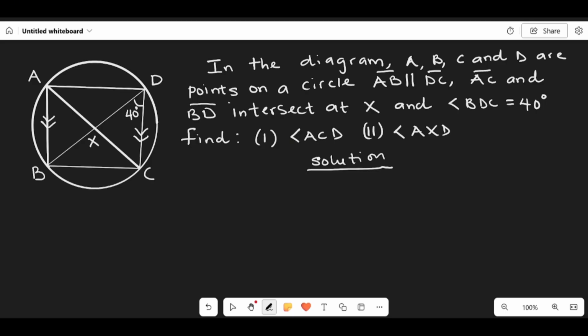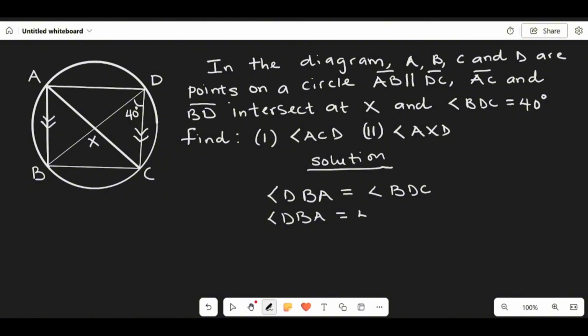So we can say angle DBA is equal to angle BDC, which is 40 degrees.